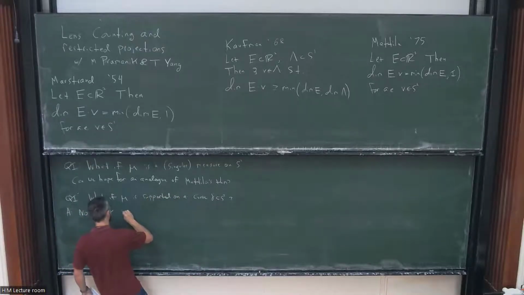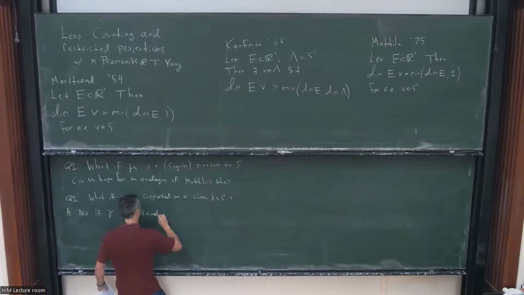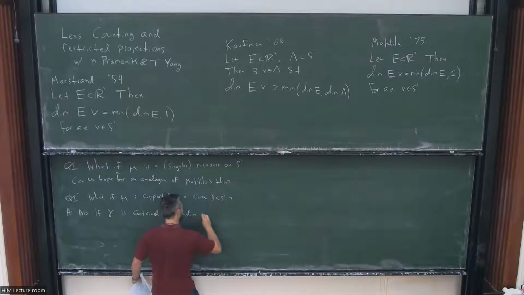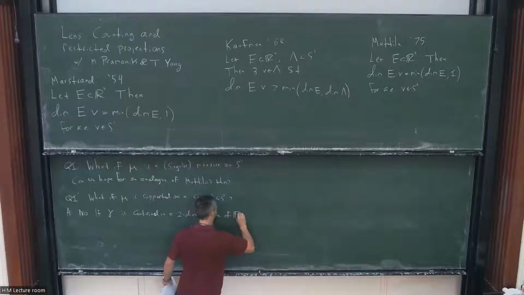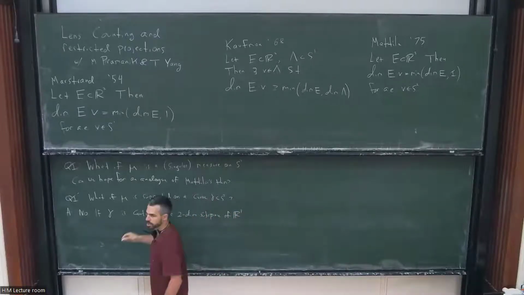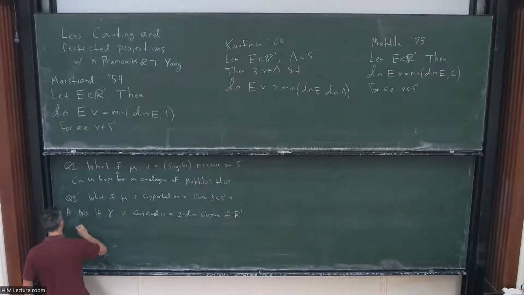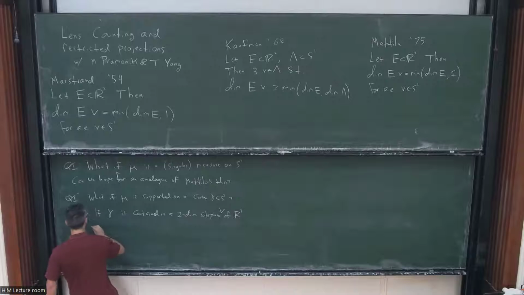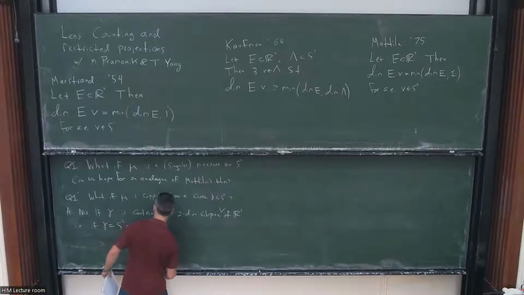So a simple example would be if gamma is just a great circle on the unit sphere. Maybe I'll call this subspace V.